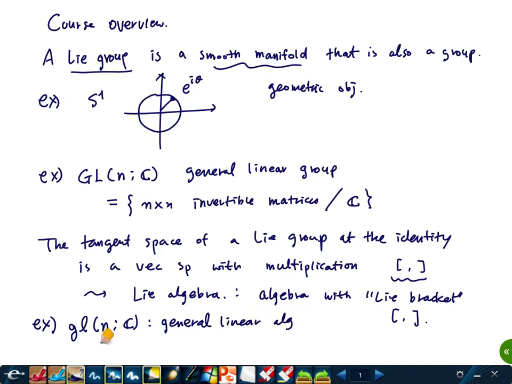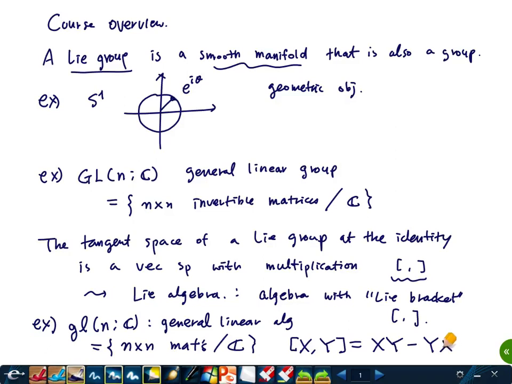It's basically, as I said, all complex matrices, not necessarily invertible, n by n matrices over C. So we want to have a bracket, and the bracket operation is defined to be xy minus yx. This multiplication is the usual multiplication of matrices.